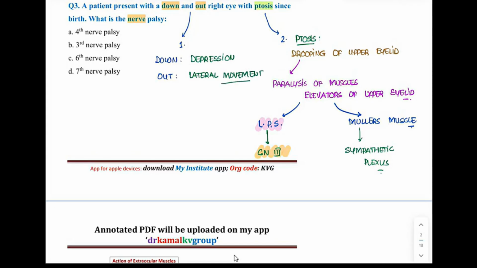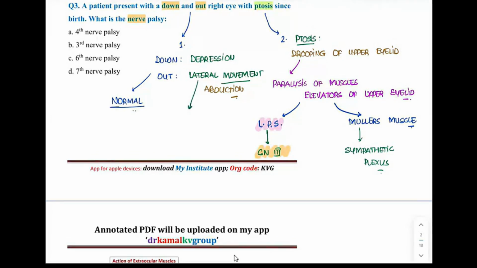Clear? This is also known as abduction. So, the eye is going down and out. It means the muscles which are bringing out these actions, they are more active because the muscles which are bringing the opposite actions are paralyzed. So, it means these are normal. That's why they are pulling the eyeball in their direction.